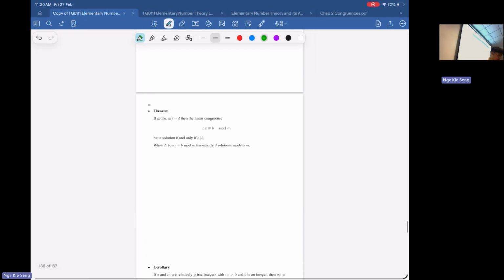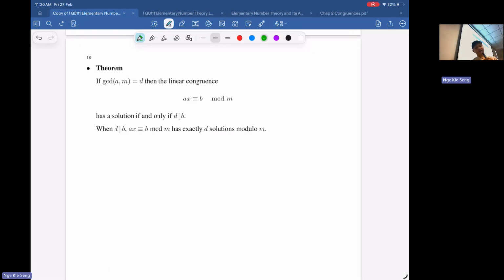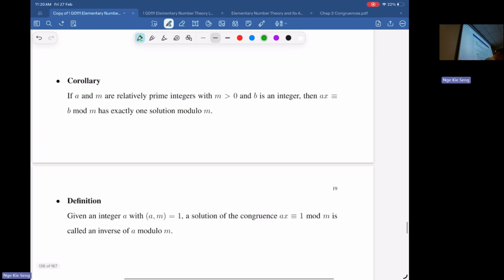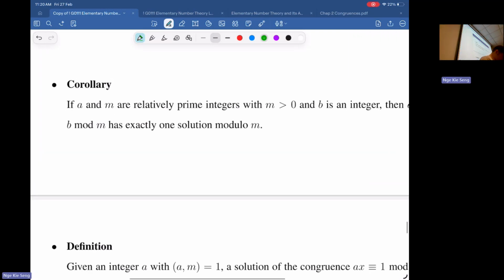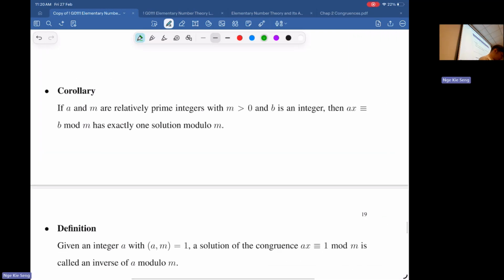It uses the cancellation law we have introduced, so it is very interesting if you want to have a look. And then if A and M are relatively prime integers and B is another integer, then AX equals B has exactly one solution mod M. This is what we talked about just now. If your GCD is 1, then this has only one solution.